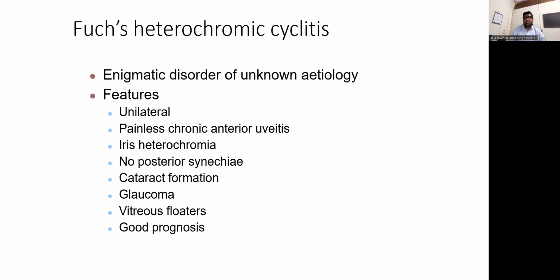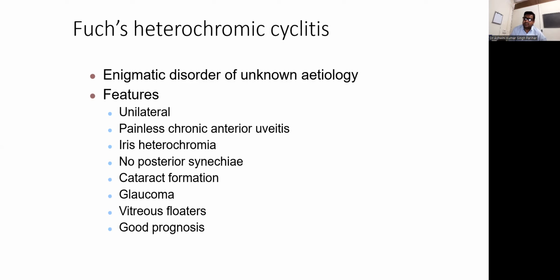And there is Fuchs heterochromic iridocyclitis, or cyclitis. I have already mentioned the name of this, where I was mentioning the fine stellate kind of KPs. So this is an enigmatic disorder; the etiology of this is not actually known.